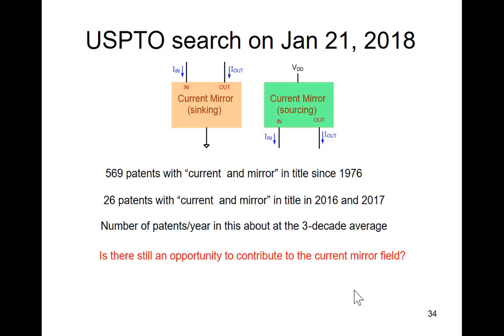Don't go to do a Google search or US Patent Office search on current mirrors, even if you need a new current mirror. Why do you think they instruct engineers not to look at the patent literature? So they have plausible deniability if they use somebody's patent. Yeah. If they knowingly use somebody's patent and it litigates, they have more liability than if they did it without knowing about it.